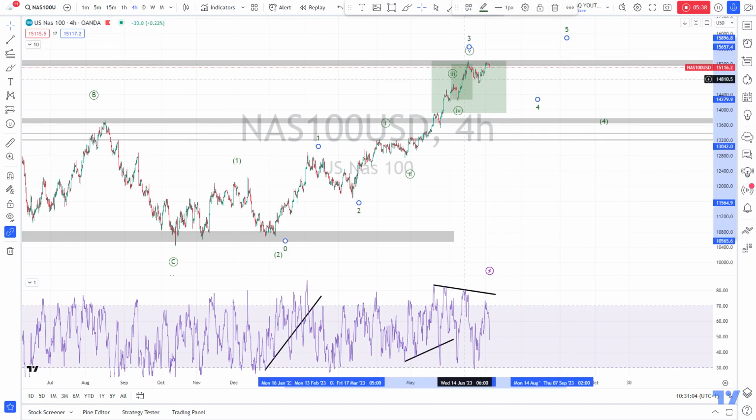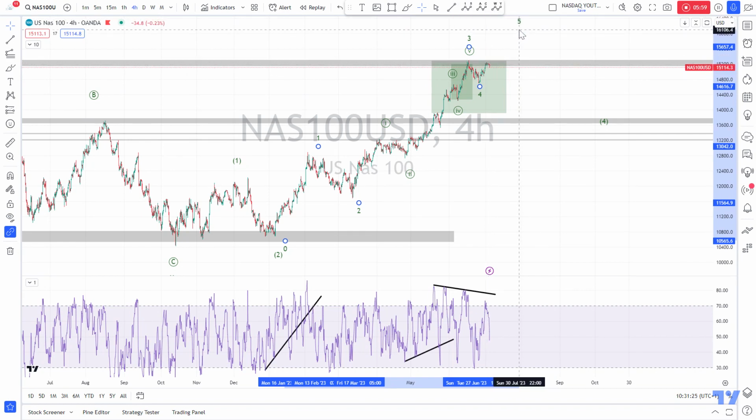This was then the wave 3 that finished here. And if we take out this divergence, we had an RSI reset here. So this would mean that we only had a shallow wave 4, and that we are ready for more upside as a wave 5.